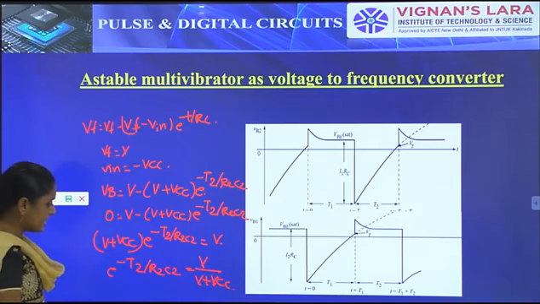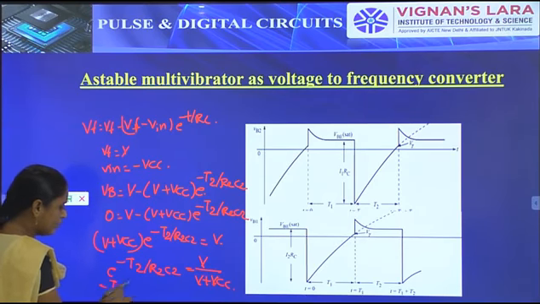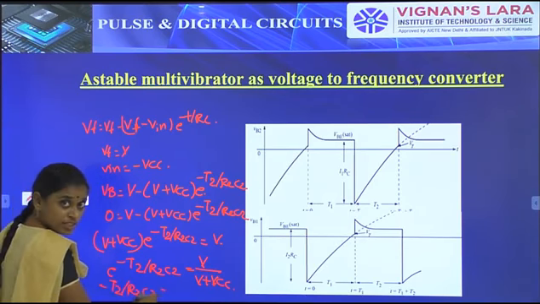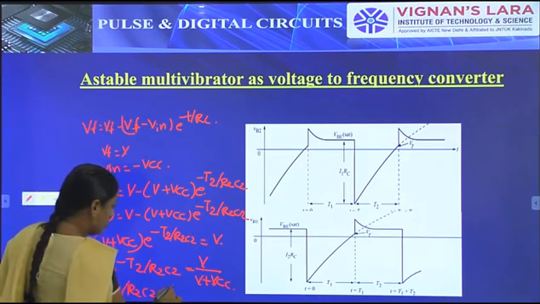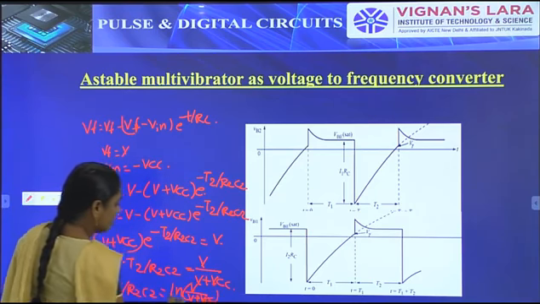Now we have to take the log of the e power condition: minus T2 by R2 C2 is equal to ln of V by V plus VCC.